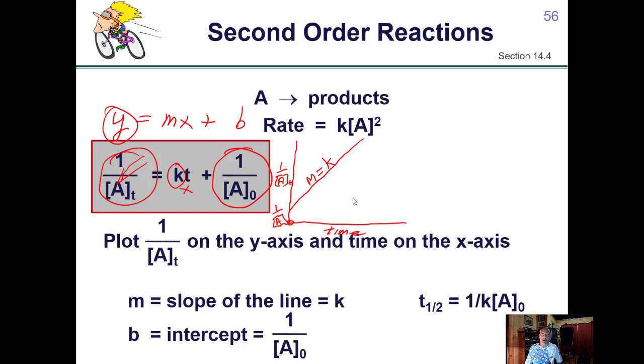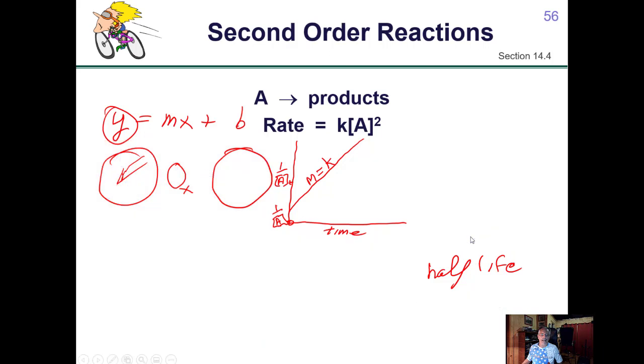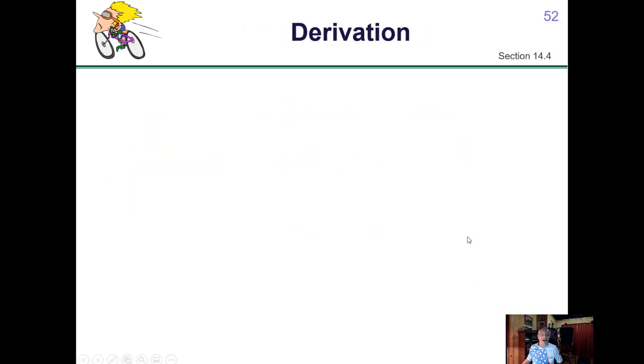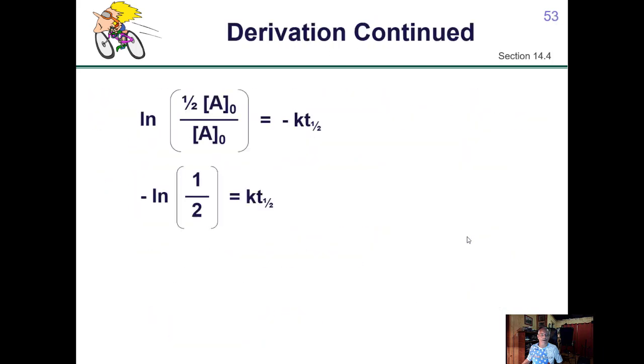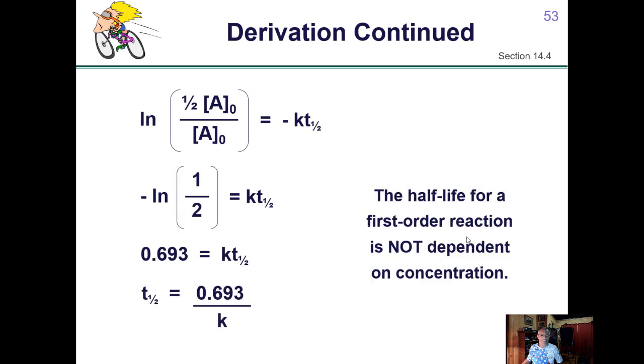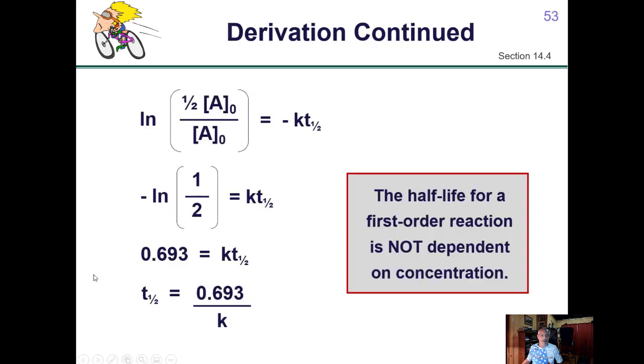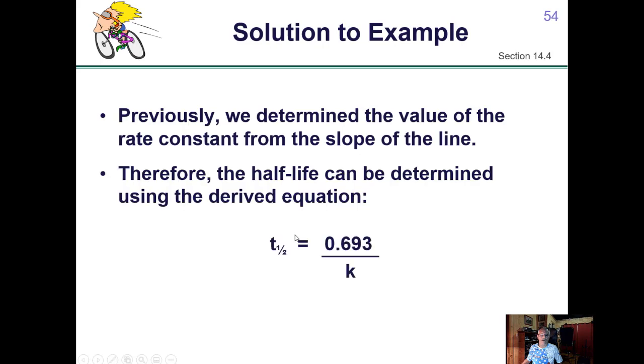Now, before we do that, let's take a look at the half-life equation for a second order reaction, because it's different from the half-life equation for a first order reaction. If I go back and show you the half-life equation for a first order reaction, you'll remember that the half-life for a first order reaction is t1/2 equals 0.693 over k.